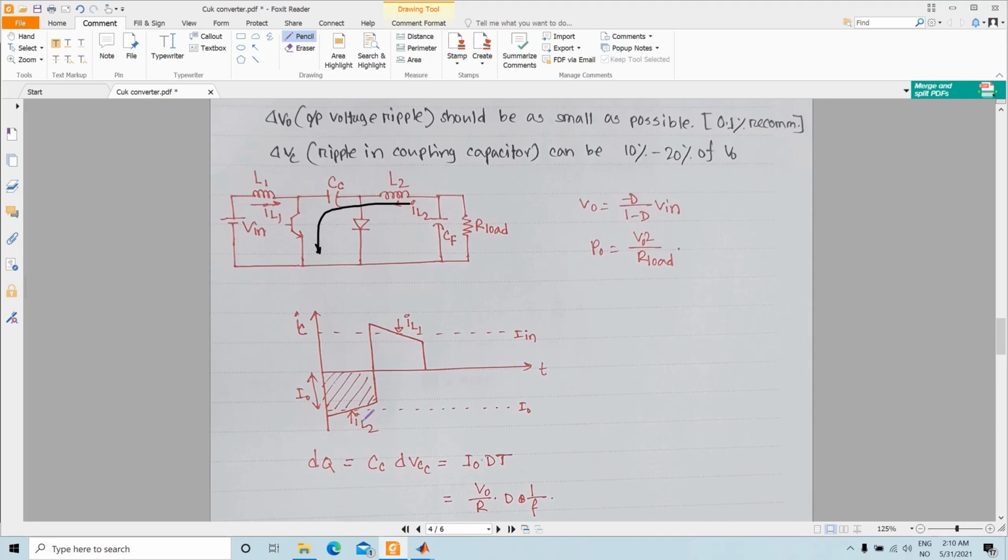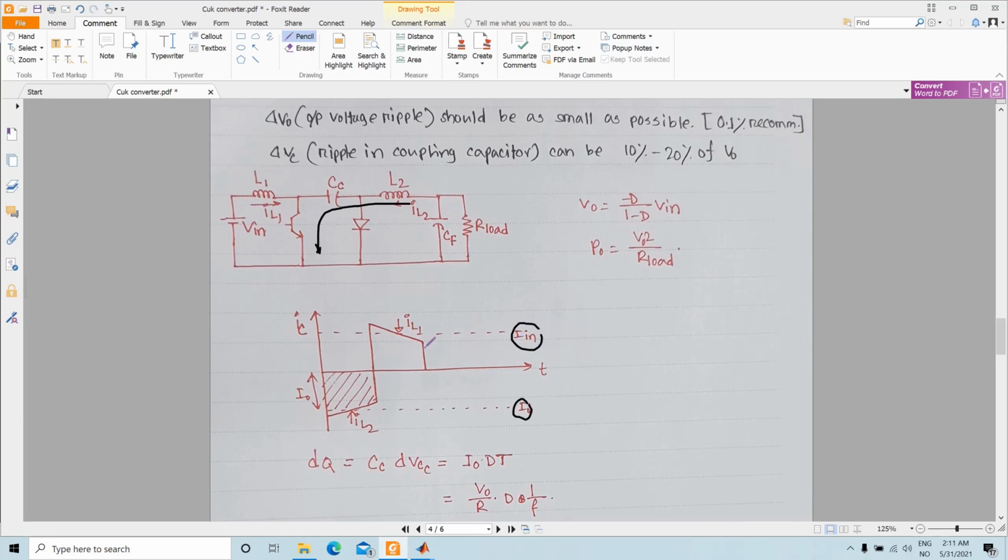Now this opposite part comes from the direction of the current flow. If you assume like this, then this IL2 will be like this. So the average value of this IL2, or the DC part of this IL2, is basically I out, and the DC part of this IL1 is basically I in.